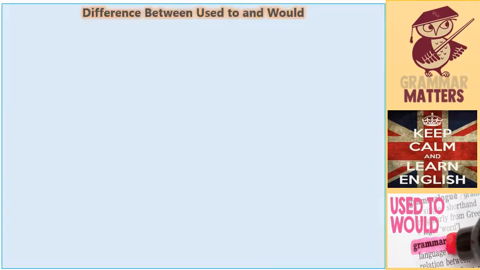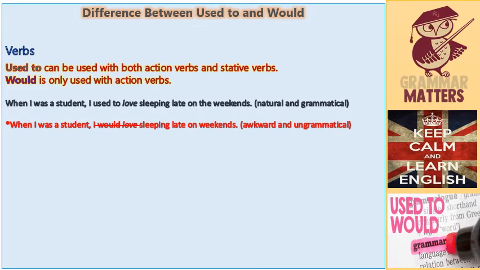Now we move to the differences between used to and would. We start with the verbs. Used to can be used with both action verbs and stative verbs, but would is only used with action verbs. It's not the same, right? When I was a student, I used to love sleeping late on the weekends.